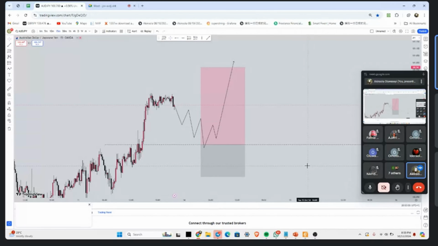Whenever the market is bullish, you don't want to enter a market that might put you in trouble. So you follow the direction of the market, you follow the trend. That's how you make money. If you are going against the market, then you are losing money. So once the market is bullish, we buy, and when it's bearish, we sell.